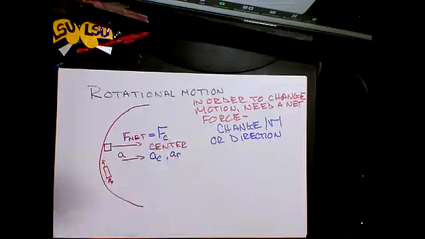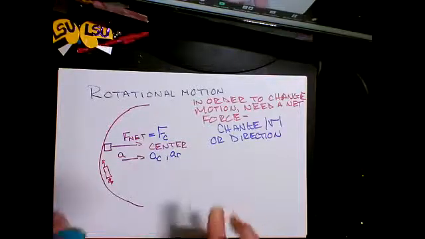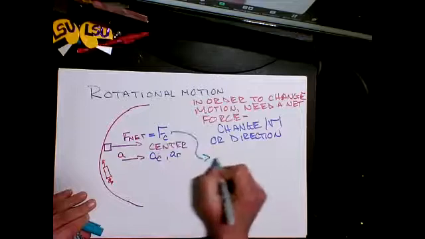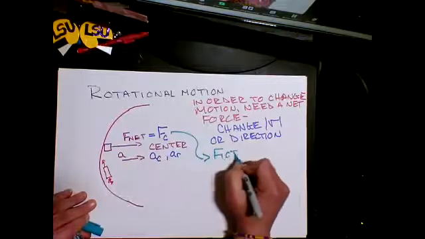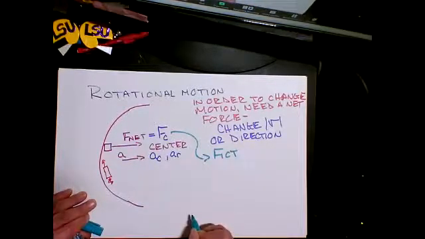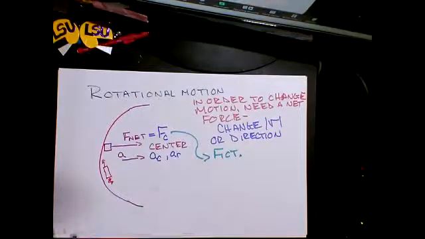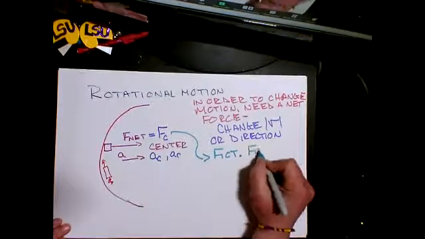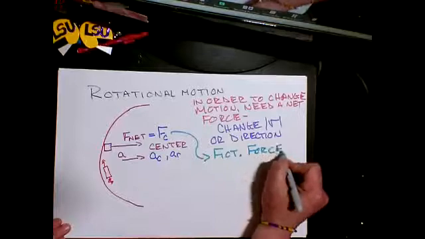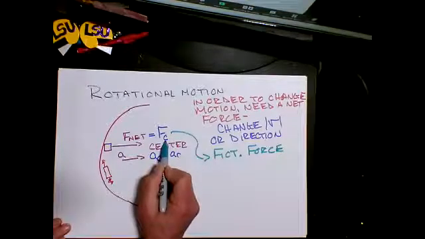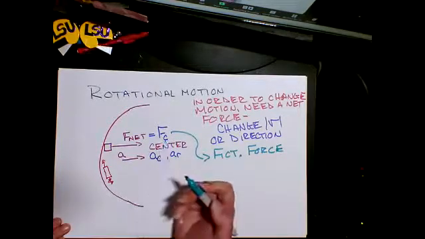Force center, though, this is the one where everybody gets all kind of crazy, and we get excited, and we say, well, that is a fictitious force. Fictitious, I won't write it all out. That's a fictitious force. And all we mean is that this C stands for any number of forces.